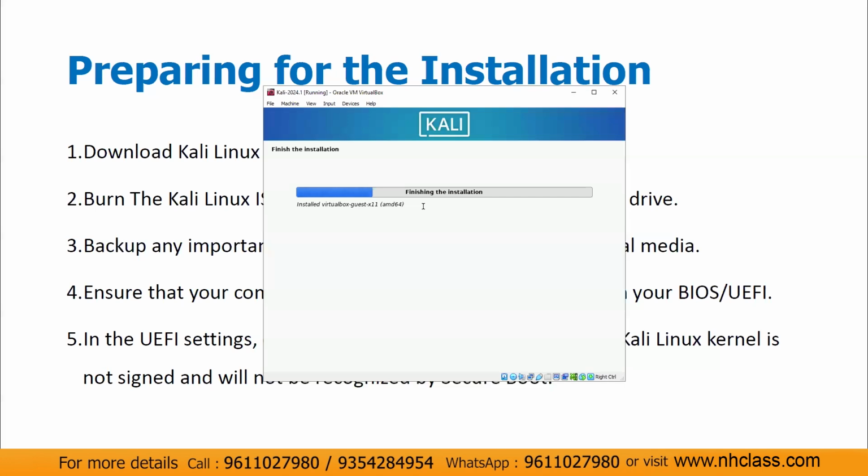Different virtual machine platforms have their own compatibility tools, which help adjust the graphics and everything, so that is now installing. We are in the last step, and this will ask for the reboot or restart. Once we restart, our installation of the latest Kali 2024.1 will be done.